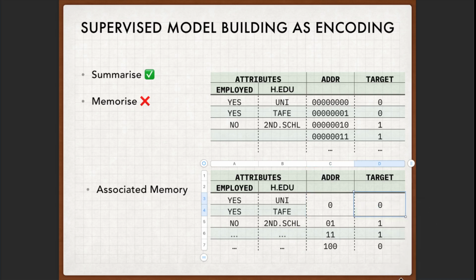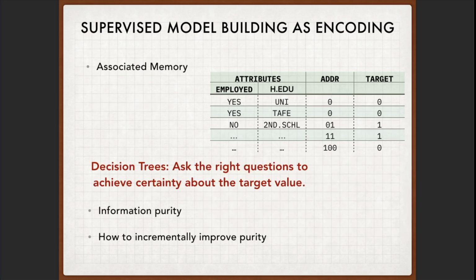So the association between the attributes and target can be established in this way, where by investigating the values of the attributes, we equivalently produce some encoding of the information in the attributes, and that encoding is linked to the desired target value.